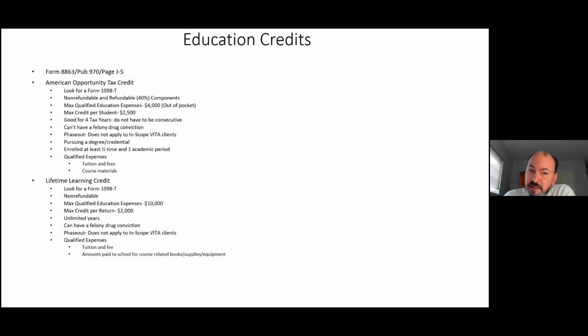But again, the phase out that I talked about, you don't need to worry about that because you're not going to have a VITA client that comes in who's making $80,000 or $120,000 a year. I think I know what you guys would do with a taxpayer like that. You'd simply tell them that this program is for low and moderate income taxpayers, and you should go out and seek a paid practitioner because you make X number of dollars.